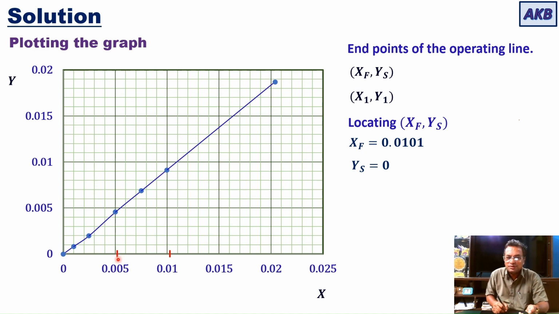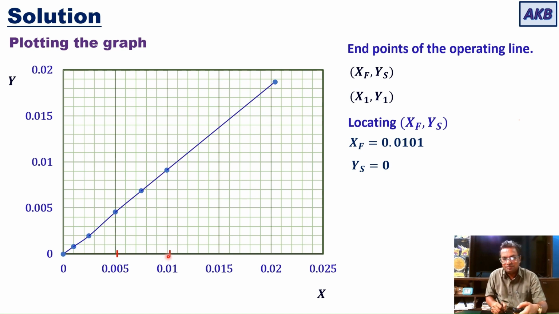Again, please remember, you can use this approach if you are using the same scale on both the axes. On the x-axis, 1 centimeter is 0.005, and on the y-axis also the same scale is used. If that is the case, then and only then can you use this approach.